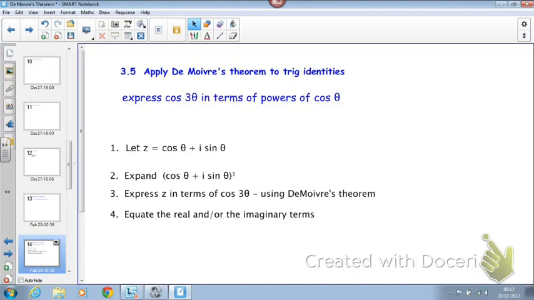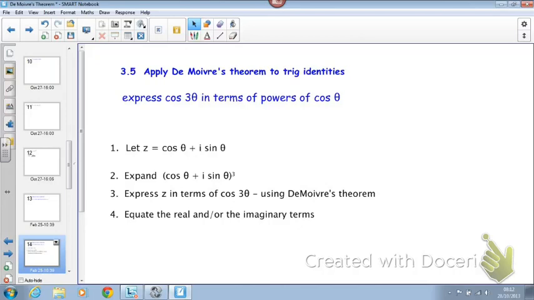Expand the bracket (cos θ + i sin θ) to the power 3, that would be z to the power 3. Then express z³ in terms of cos 3θ using de Moivre's theorem, and then you either equate the real parts or equate the imaginary parts.